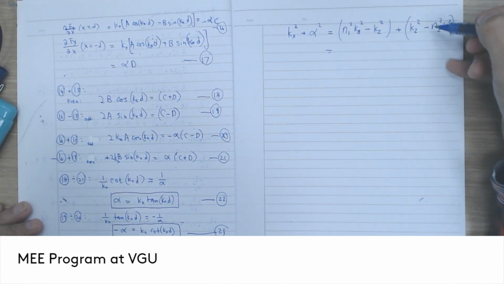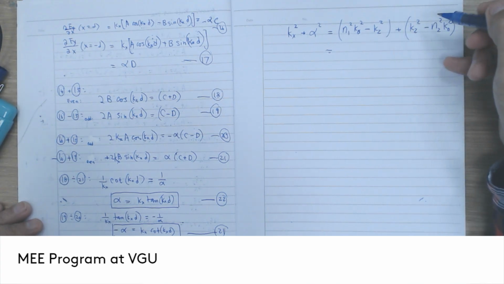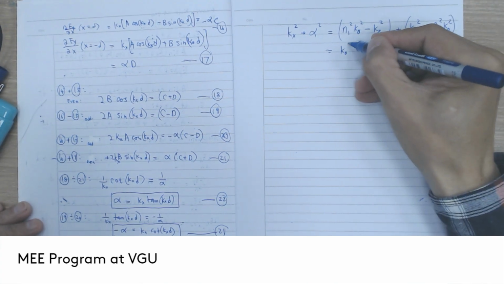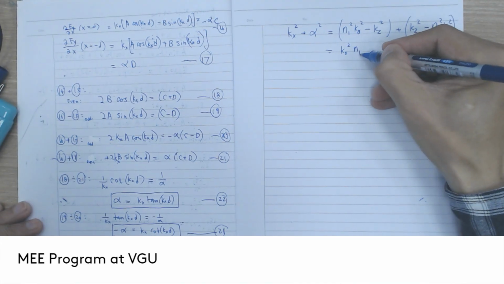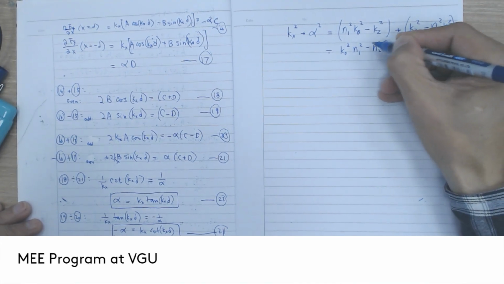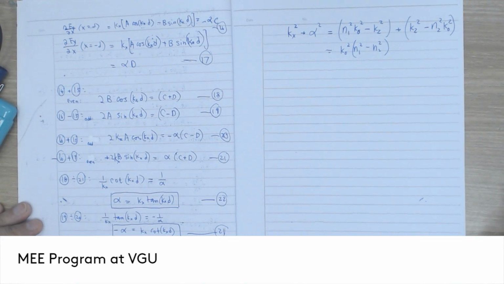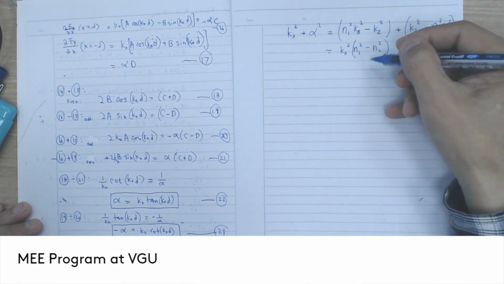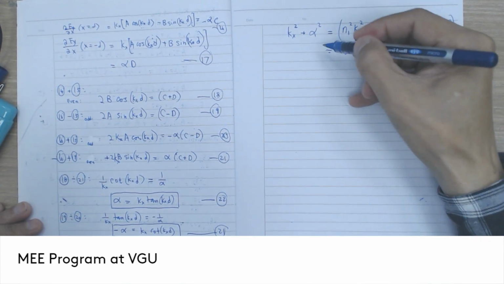So if you do this, the kz terms cancel out. So we get k0 squared times n1 squared minus n2 squared. So this is the number 3 characteristic equation. I'm going to rewrite it here.